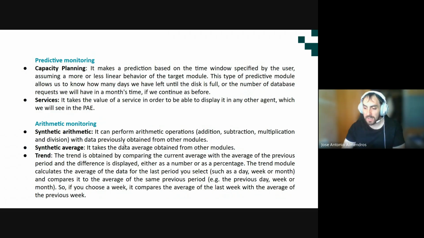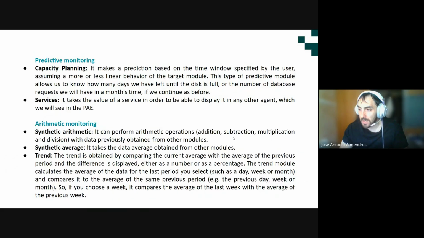We can create a prediction module with the sum of the incoming and outgoing traffic on the interface. We are creating a module with the total traffic of that interface because it is the sum of the traffic in and out. Or we can use a sum or multiplication, whatever we want.